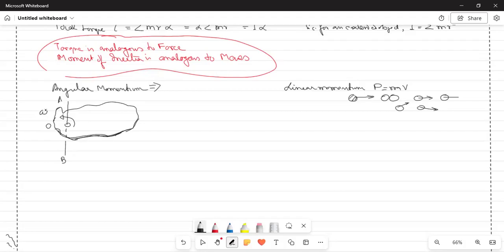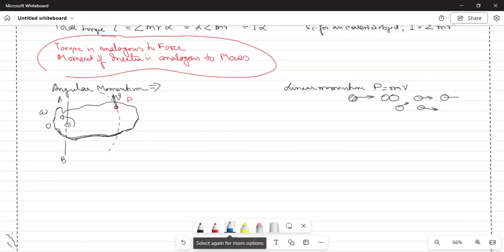Now, you consider any other point on the body. Let us say this point on the body is the point P. This point P is actually rotating in a circle like this. If it is rotating in a circle, then this point P has a tangential linear velocity v.